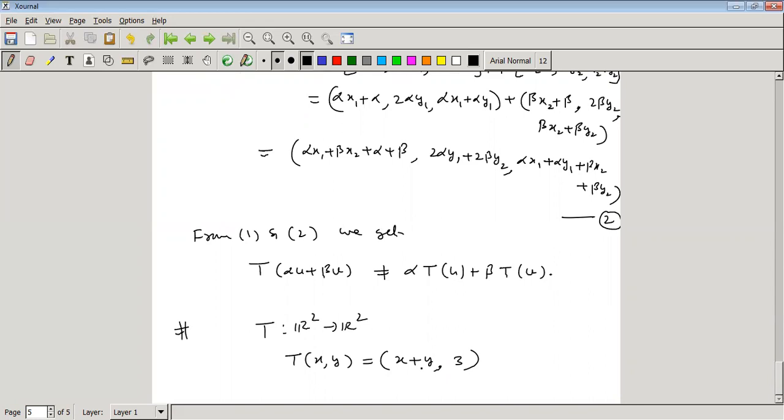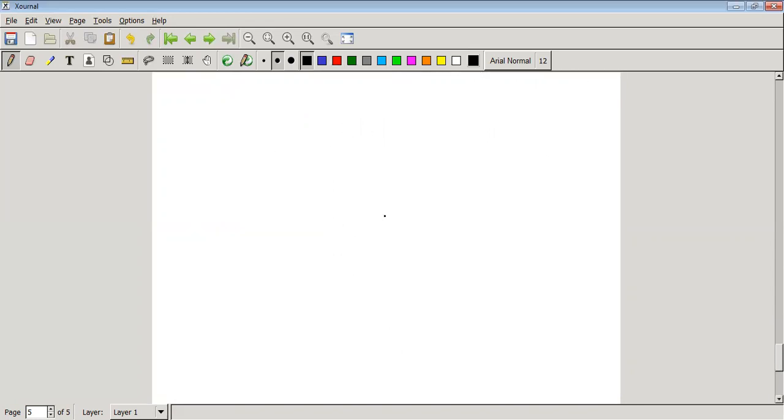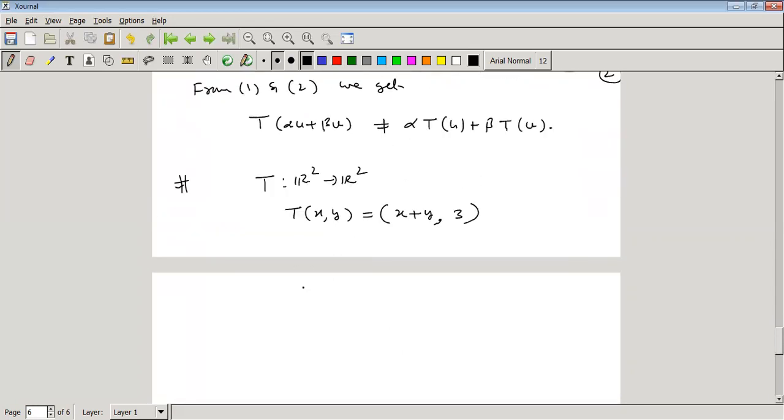How can we say this is not a linear transformation? We take u and v. u is equal to x1, y1 and v is equal to x2, y2. So what is T of alpha u plus beta v? That is T of alpha x1 plus beta x2, alpha y1 plus beta y2.